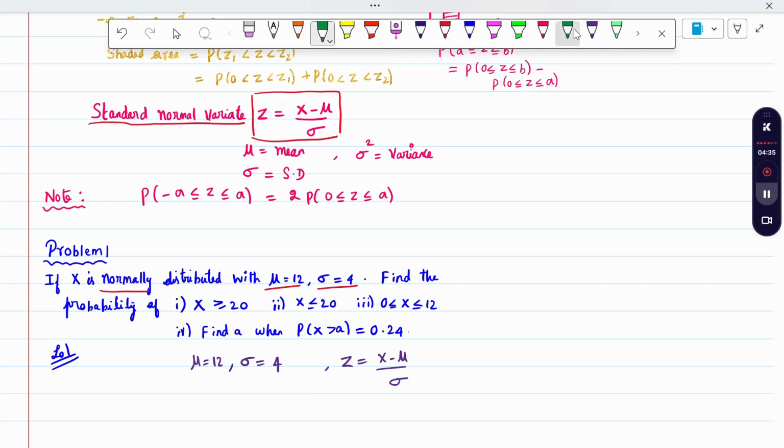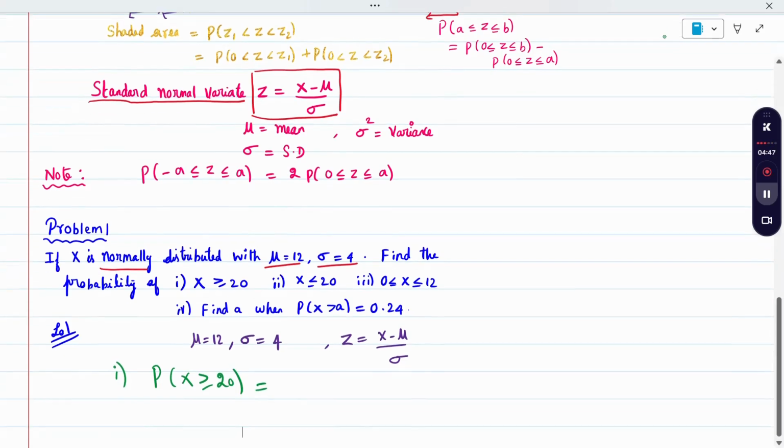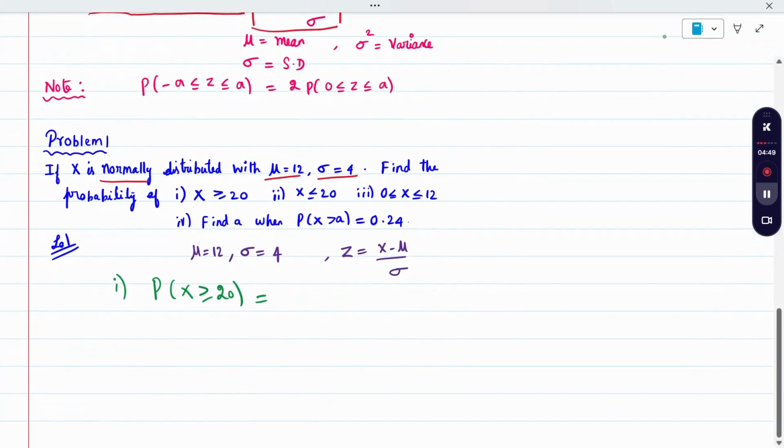What is our first subdivision? Probability of x greater than or equal to 20. When the question is given like this, I have to convert it into Z, then only I can use the normal distribution. To convert, x is subtracted with the mean and divided by the standard deviation.